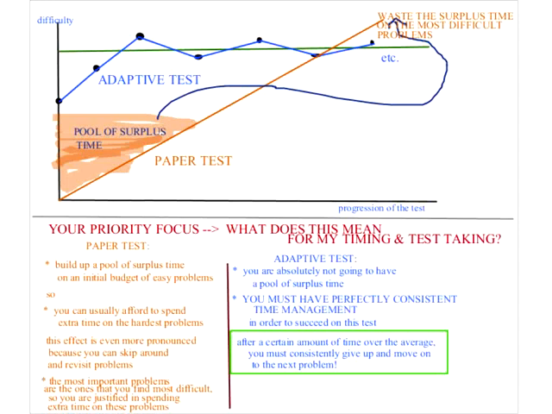So when you look at an adaptive test, the thing that's ironic about an adaptive test is missing problems. If you miss problems that are hard for you, the effect is much smaller than if you miss easier problems.